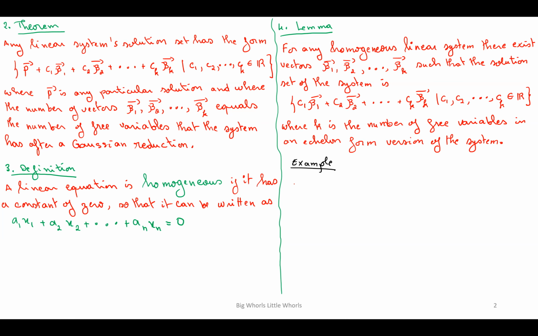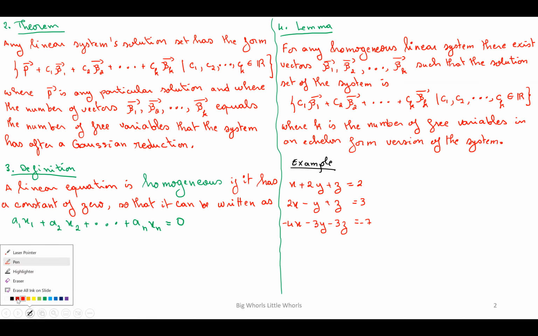So we have x plus 2y plus z equals 2, 2x minus y plus z equals 3, minus 4x minus 3y minus 3z equals minus 7. This is our original equation, okay?